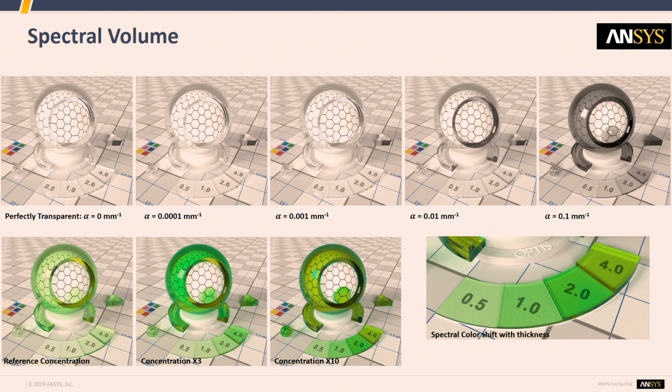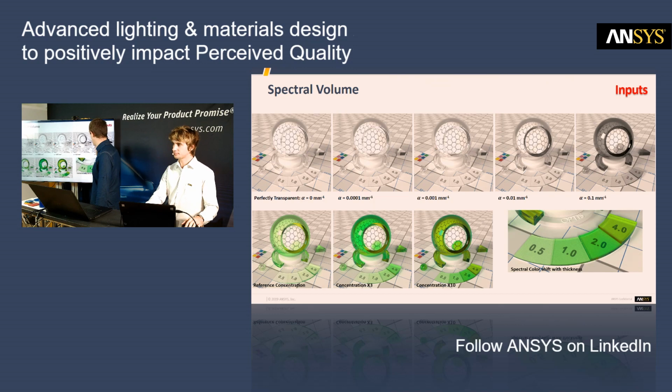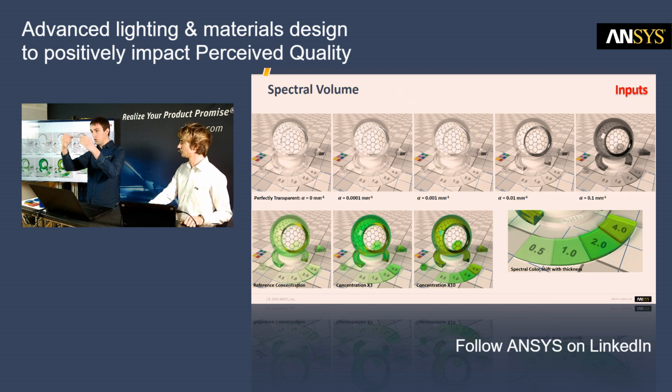Here, this is the same transparent material with absorption increasing by a factor of 10 every time, and you can see that for the first values the main transparency is very likely, but if you look at the edge, it's very different. If you take a window, a piece of glass, you can look through, it's totally transparent. You look at the side, you'll see a green tint or a blue tint.